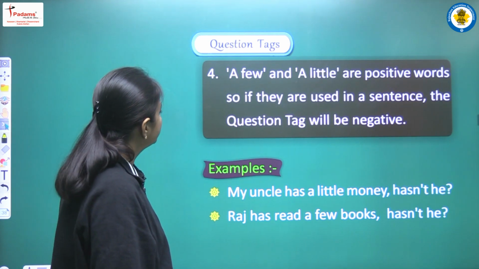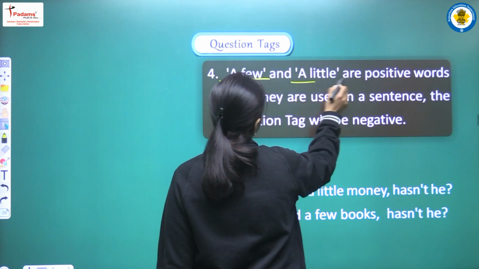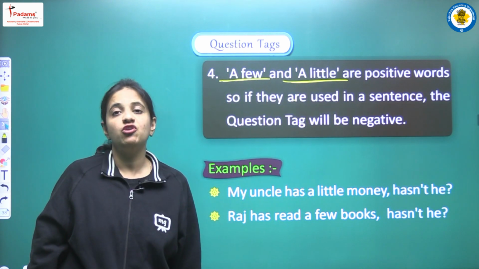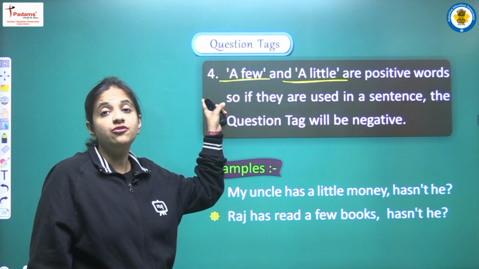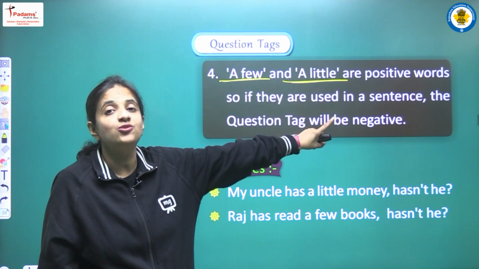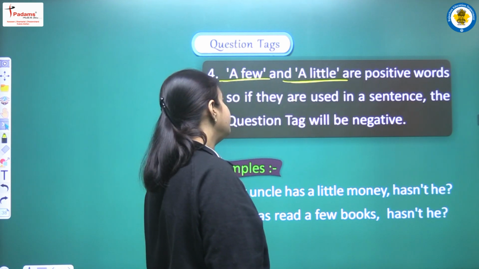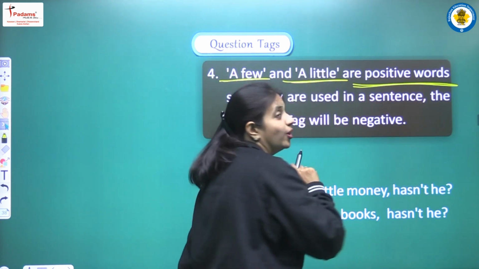So now we are having two words, a few and a little. In the previous rule that we have discussed, we were having few and little, and now we are having a few and a little. So now what is the difference? Let's see. So the rule is, a few and a little are positive words.